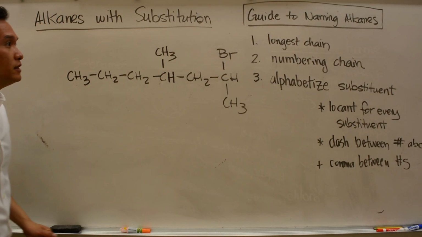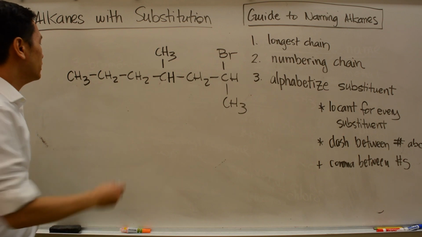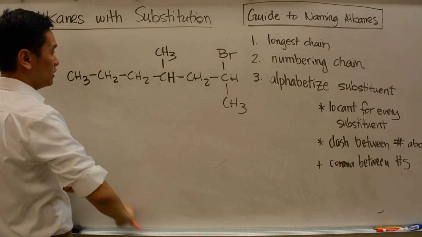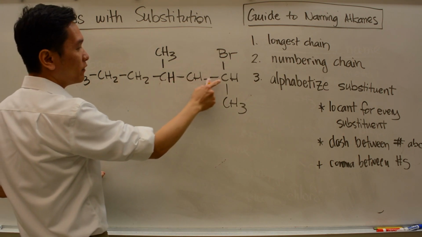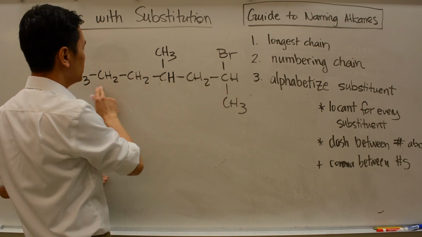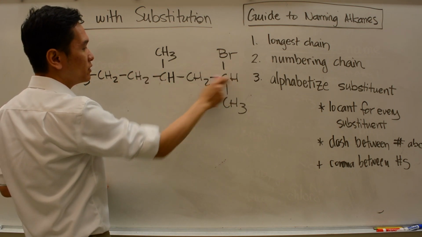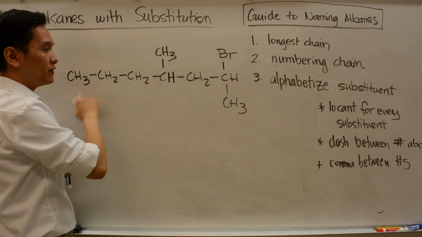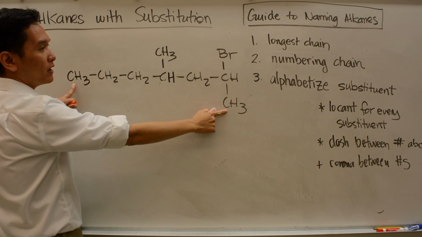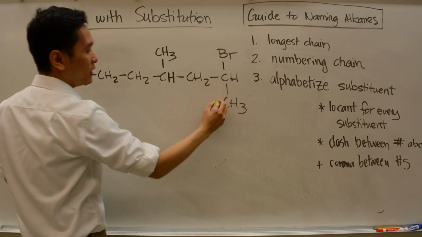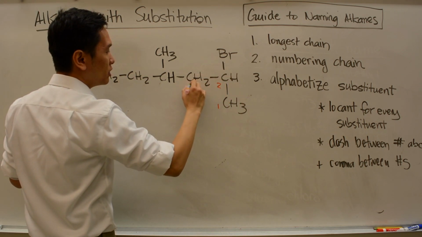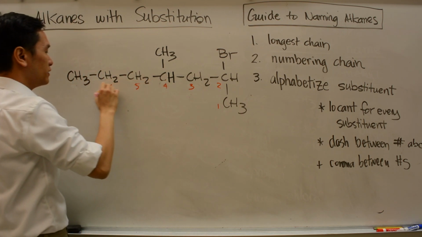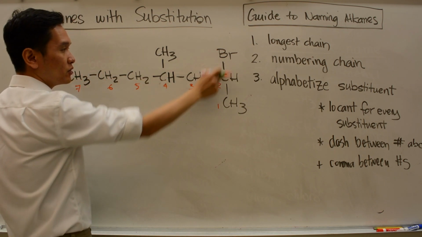Alright, so our final checkpoint here is what is the IUPAC name for the following alkane? Step number 1. Longest chain. What's my longest chain? 1, 2, 3, 4, 5, 6, 7 versus 1, 2, 3, 4, 5 versus 1, 2, 3, 4, 5, so 7. And then which side do I want to number it from? The left-hand side or the right-hand side? You want to do it from the right-hand side. So this is 1, 2, 3, 4, 5, 6, 7 because you see substituent number 2.